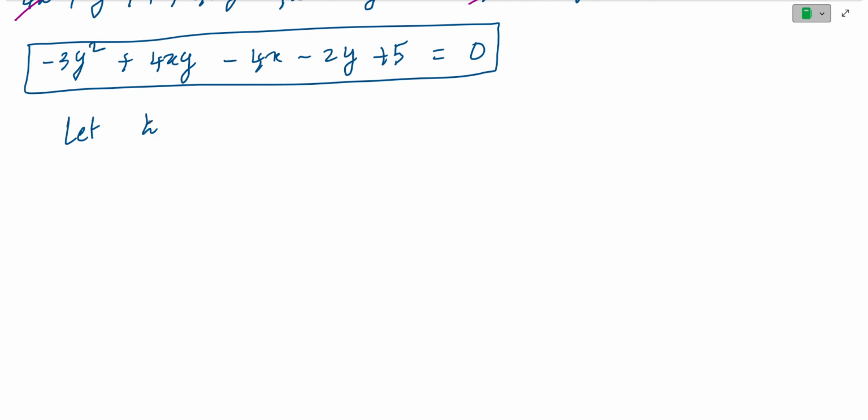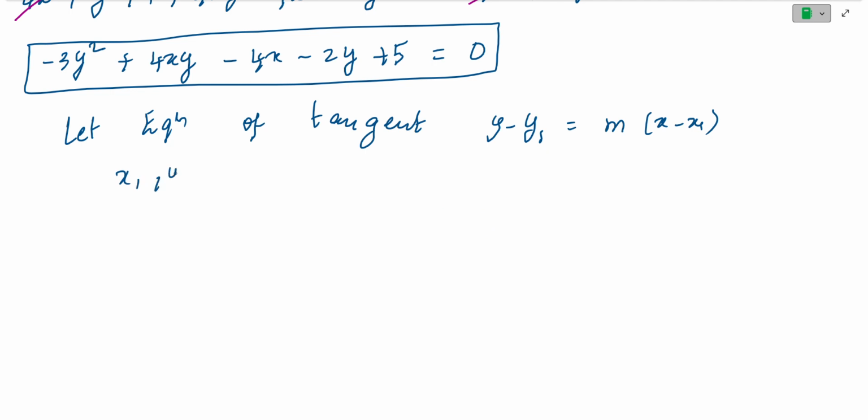So let me assume that the equation of tangent is y minus y1 is equal to m into x minus x1. Okay, so x1 comma y1 is equal to 2 comma 1, that is given.